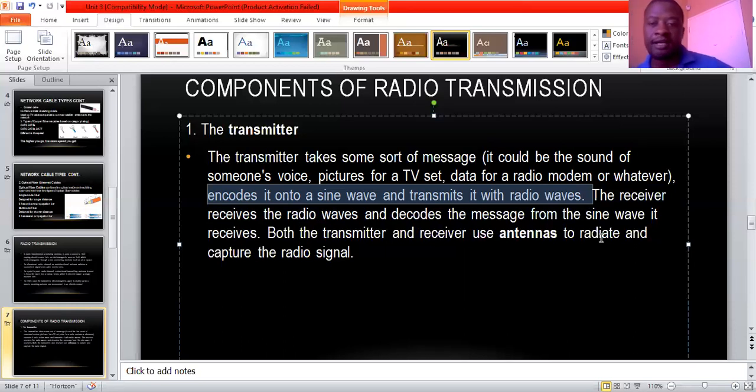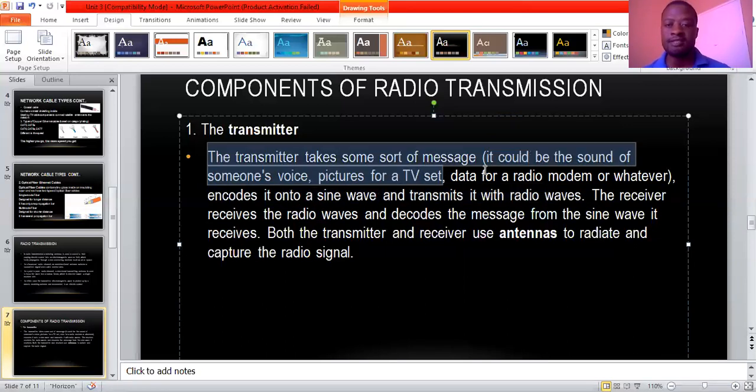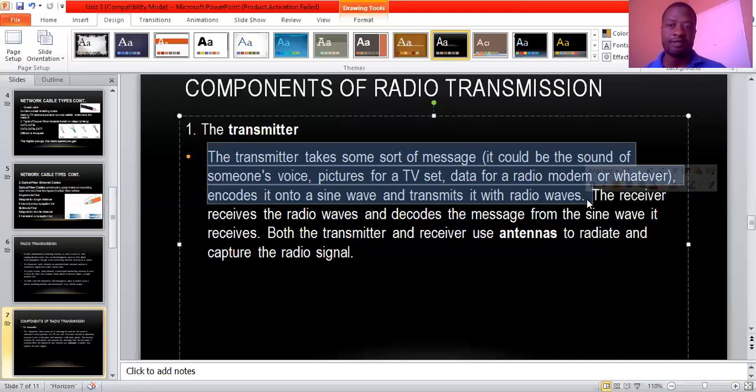So the transmitter takes some sort of messages, and these messages can be what? Someone's voice, like mine as I'm talking, for instance, or the picture of a TV set. When you're watching a TV, where do you think these pictures are coming from? Or data for a radio modem, like when you're listening to radio.